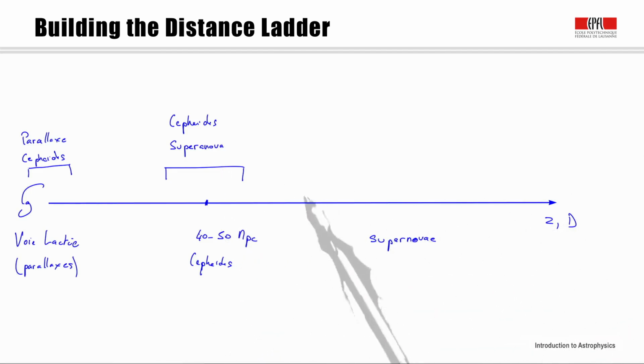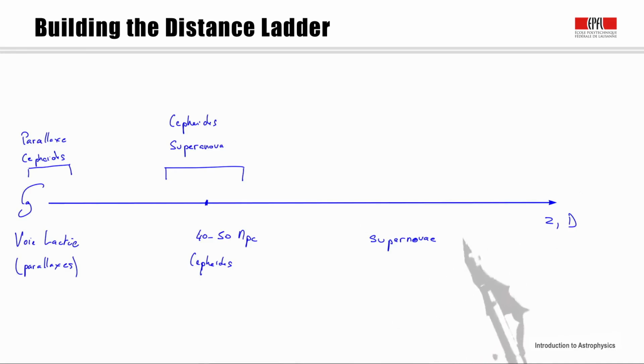Further away, we use only supernovae as distance indicators. We have three essential indicators: parallaxes, Cepheids, supernovae, which will be calibrated between each other in some zones where we have two different indicators available at the same time. And then, at a larger redshift, we only have access to extremely bright supernovae, allowing us to go very far in our distance measurements.